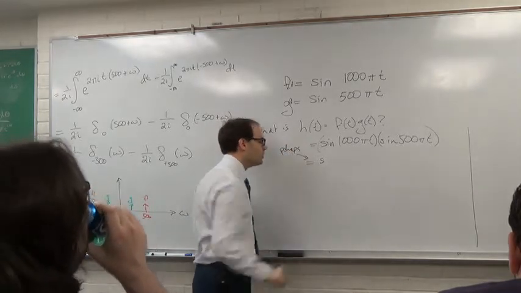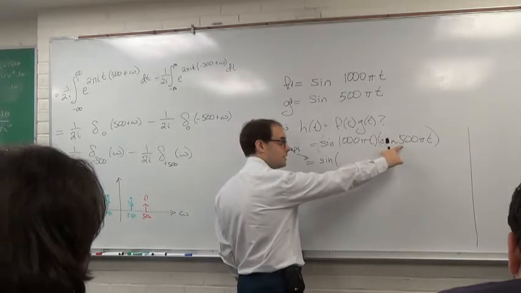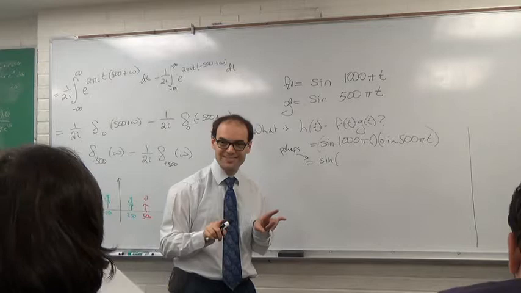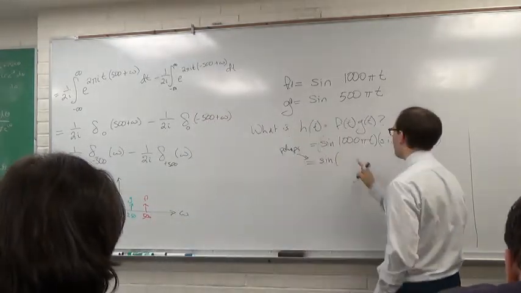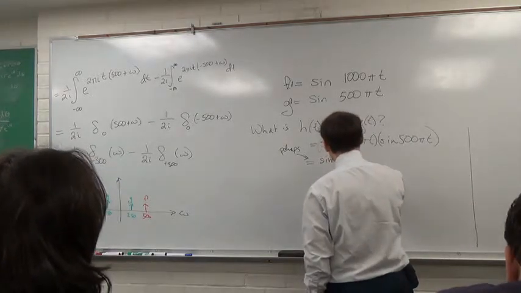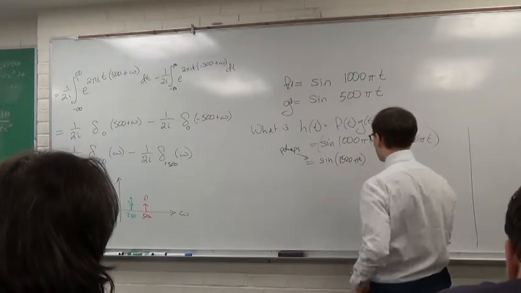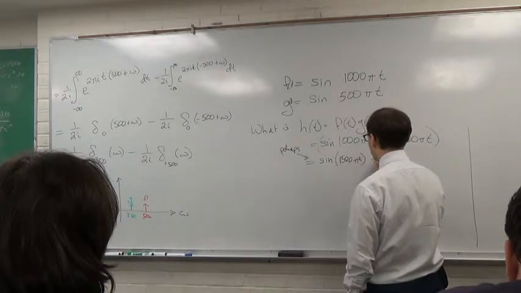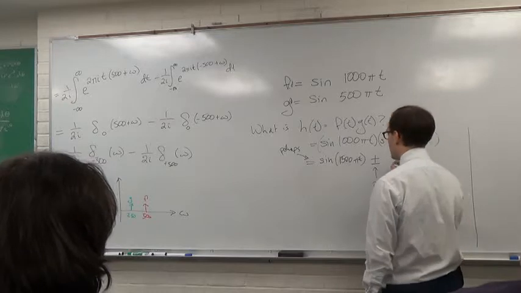Is perhaps equal to. This is sine of what? Well, actually, no, they go together: sine sines, sine cosines. But let's say for a moment, this is going to be sine of the sum, 1500 pi t, plus or minus, again, I don't remember which the sign is.